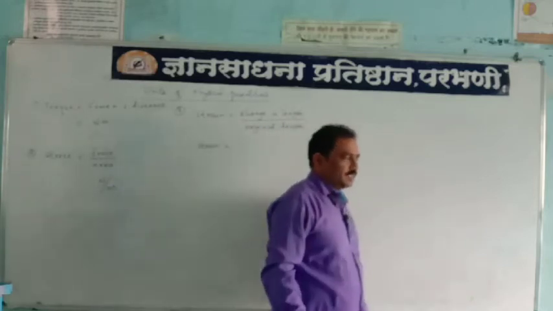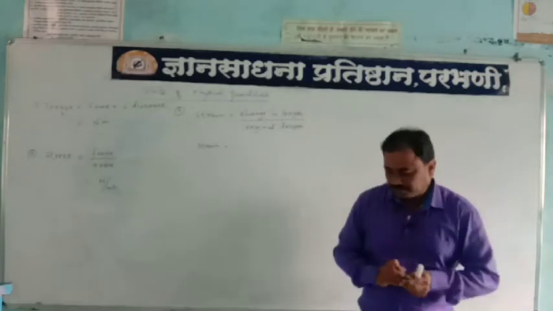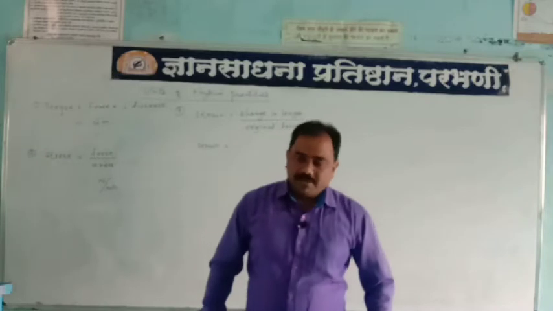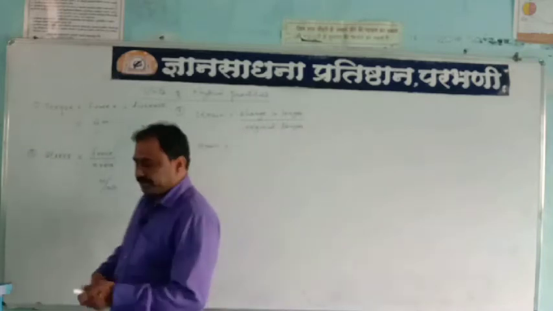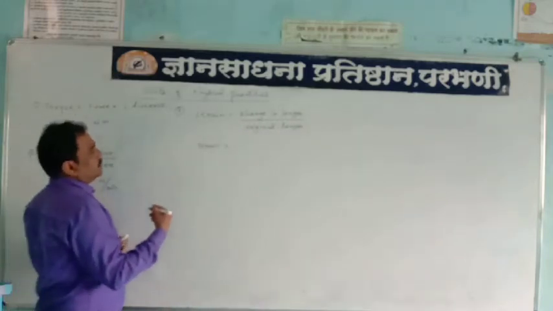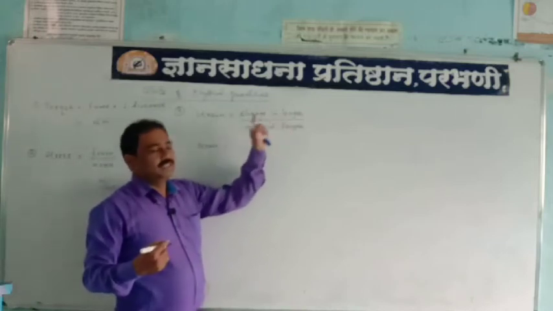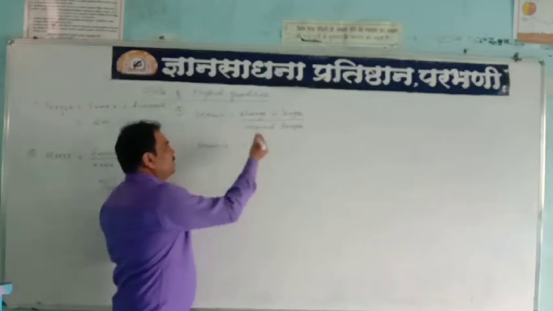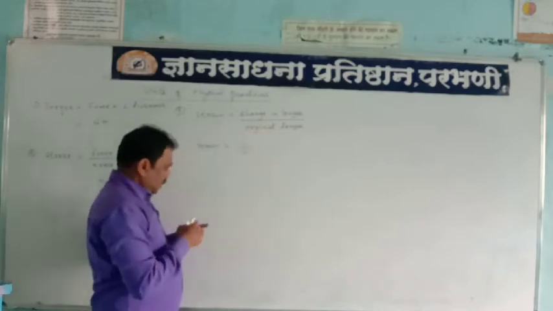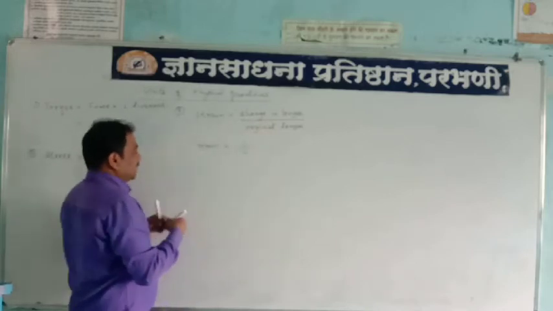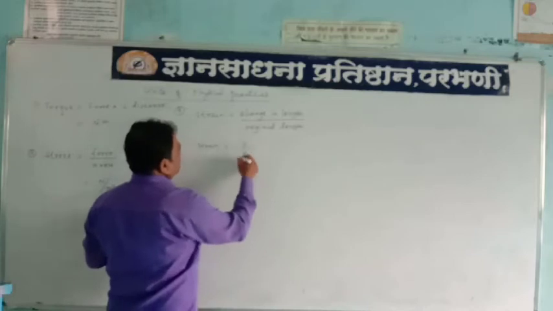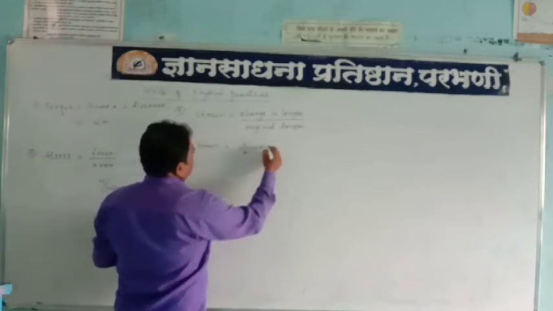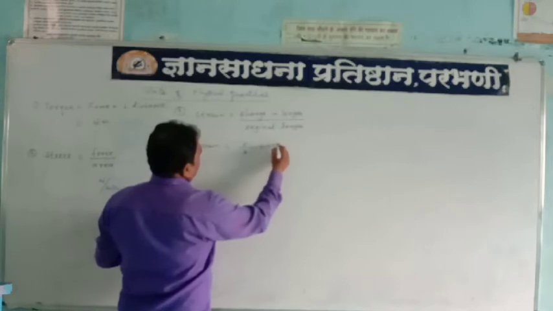The numerator is change in length, which is L, and the original length is also L. So these L get cancelled, and therefore we can write it is unitless.